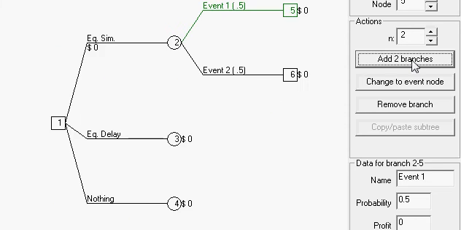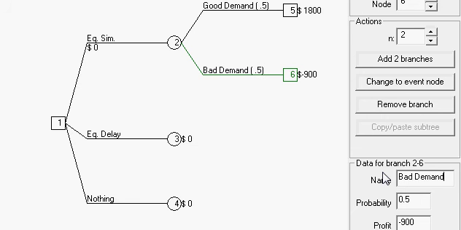We'll add 2 branches, and we have to keep the probabilities, and we'll get 1,800 million if it goes well, and we'll lose 900 if it goes poorly. This is good demand, and this is bad demand. Okay, so that's it. That's our solution for that side.